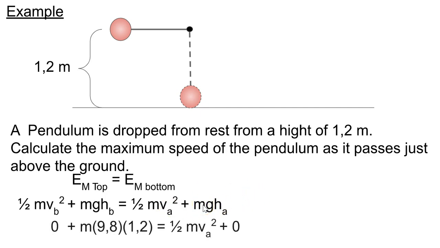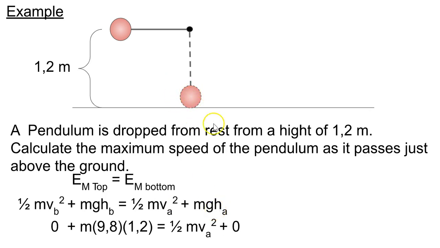Okay, so we fill in the values. I just told you I dropped this with a velocity of 0, so I know velocity here is 0, which means my kinetic energy at the top is going to be 0. My potential energy at the top is mass times gravitational acceleration times the height, and that is going to be equal to my mechanical energy at the bottom, which is the sum of my kinetic energy plus my potential energy.